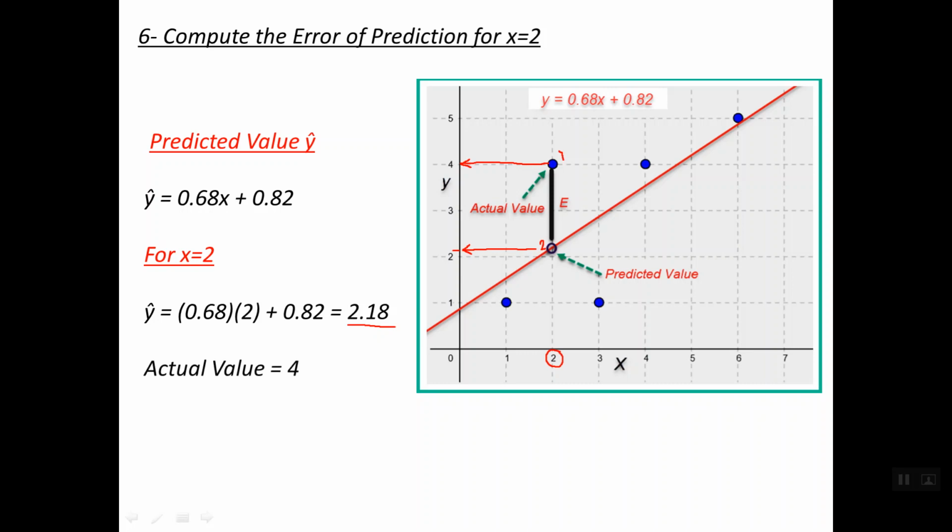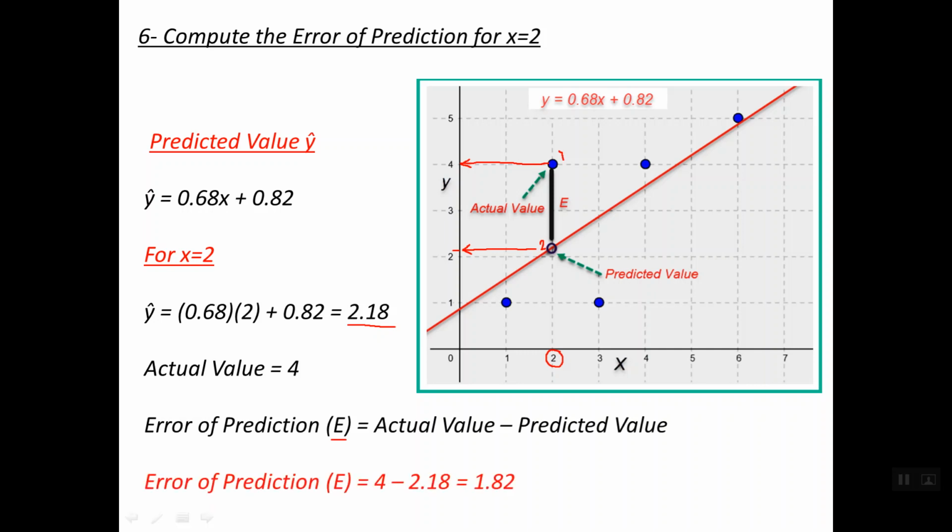We know the actual value to be 4. So the error of prediction, which is capital E, is equal to the actual value minus the predicted value. The actual value is 4, and the predicted value is 2.18.